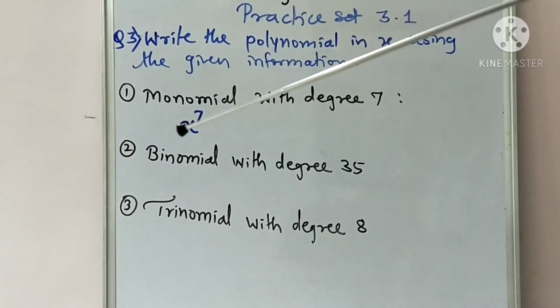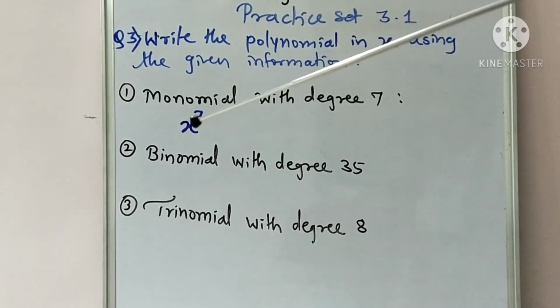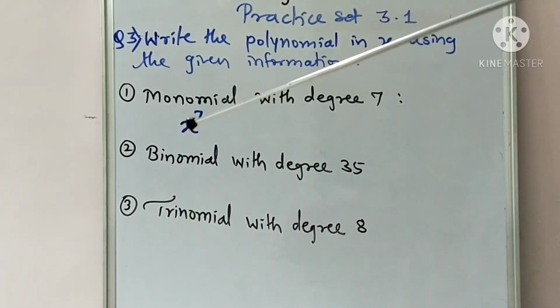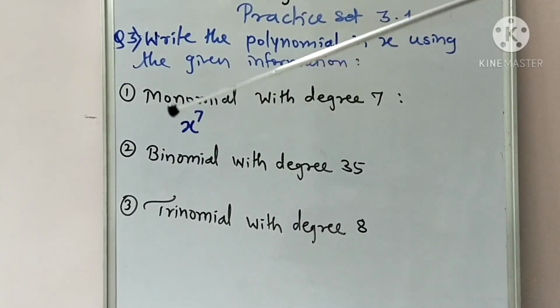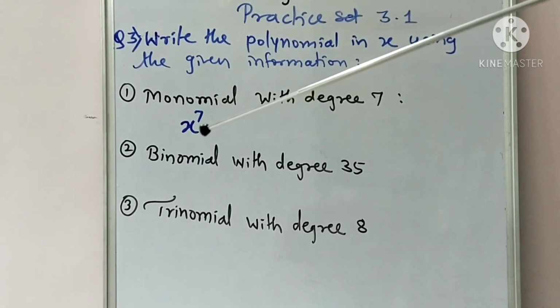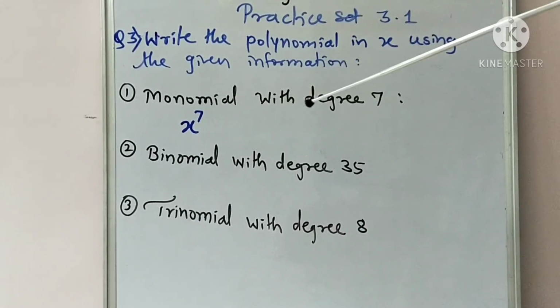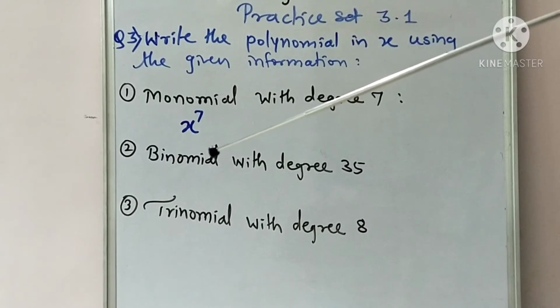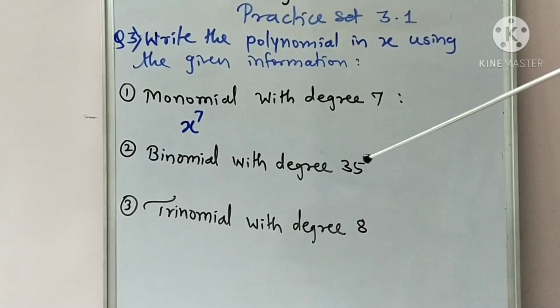You may take the coefficient of x raised to 7 as 2, minus 5, etc. Or maybe write it like this, x raised to 7, it's also a monomial with degree 7. We use the variable as x. Now second, write the binomial with the degree 35.